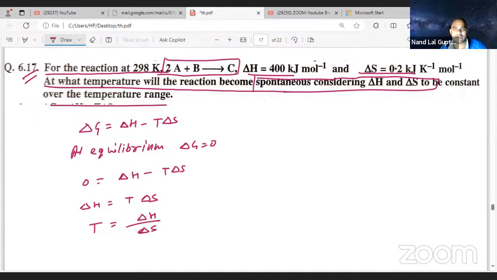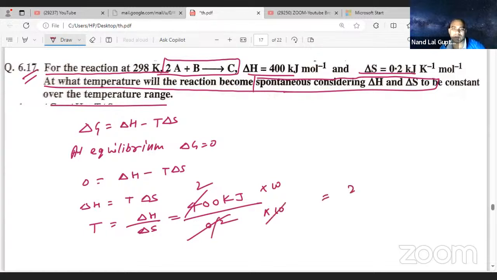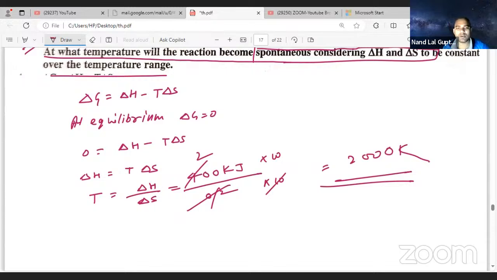So delta H value is how much? 400 kilojoule per mole. Delta S is 0.2. 2 2s are 4. Removing the decimal, multiply by 10, so the decimal is removed. It will give 2000 Kelvin. At 2000 Kelvin, the system is at equilibrium.